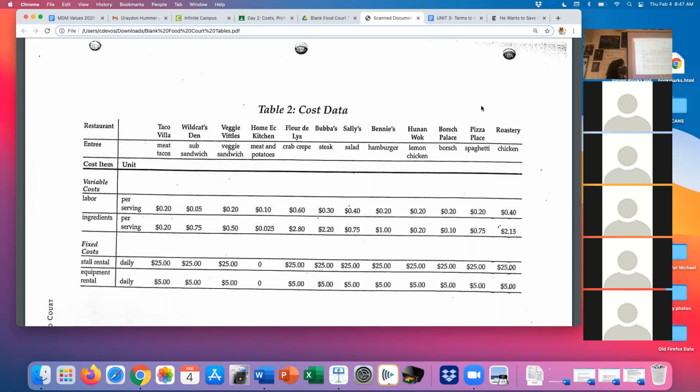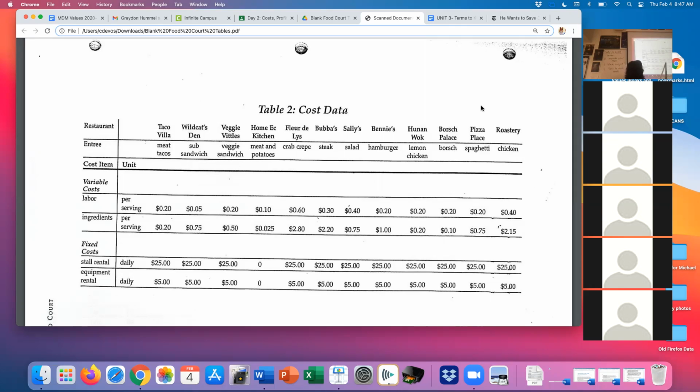That's per serving. The ingredients per serving, 20 cents for this one, 75 cents for that one. You notice Sally's has a higher cost for labor too. That's a little more labor intensive, like doing all the chopping and things like that. There's more to the work for that.